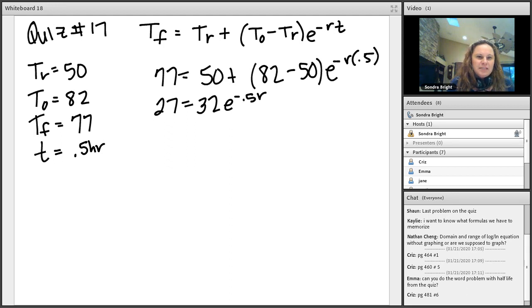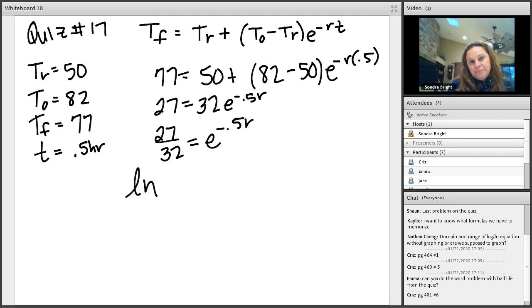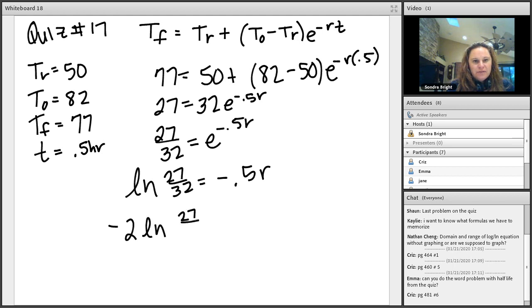Then dividing both sides by 32 gives you e to the -0.5r. You want to solve for r, so you're going to take the natural log of both sides. That cancels out the e on the right-hand side, and you're just left with negative 0.5r. If you multiply both sides by -2, that'll undo that. So -2 times the natural log of 27 over 32 is equal to r.